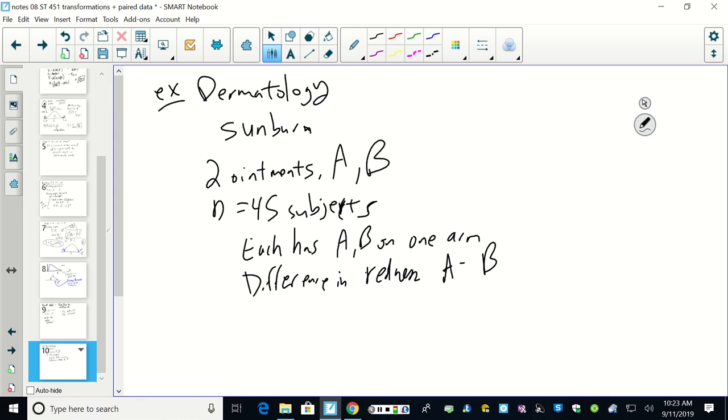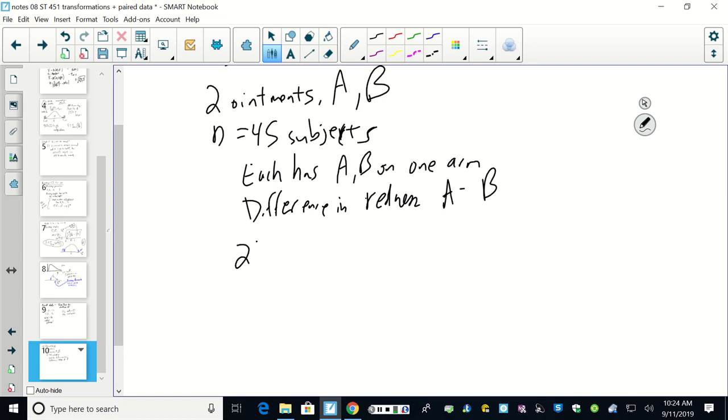And let's say in this particular study, 22 have the A arm is better. Right? There are 5 where it's judged to be equal in redness, and then 18 where B is better.